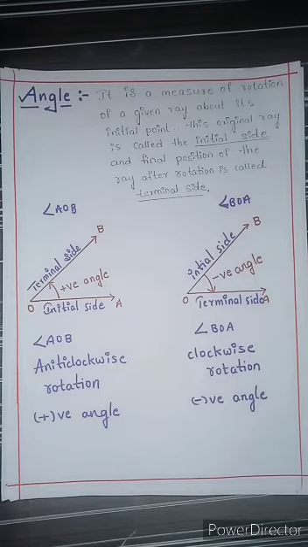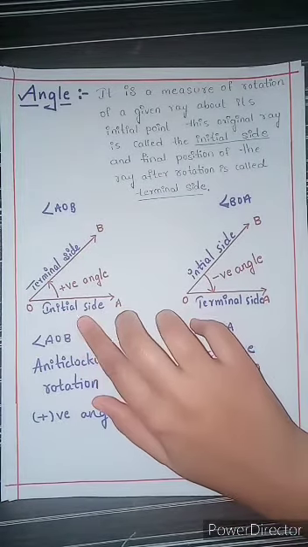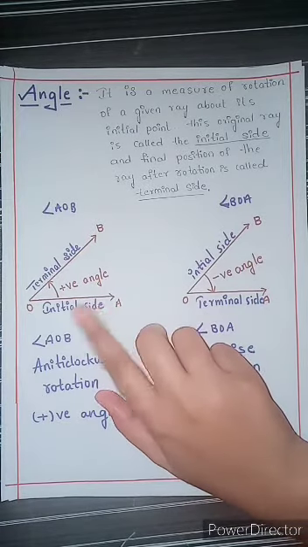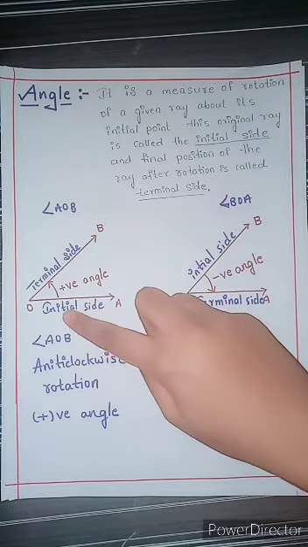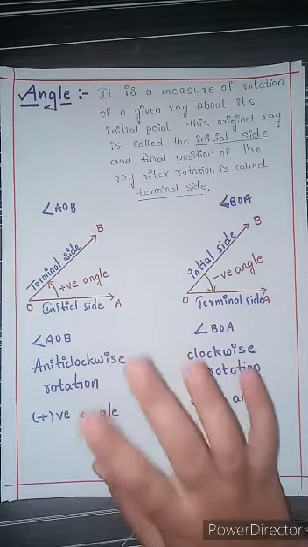Now coming to angle and its measurement. So here the amount of rotation of initial ray OA such that it coincides with terminal ray OB, right?